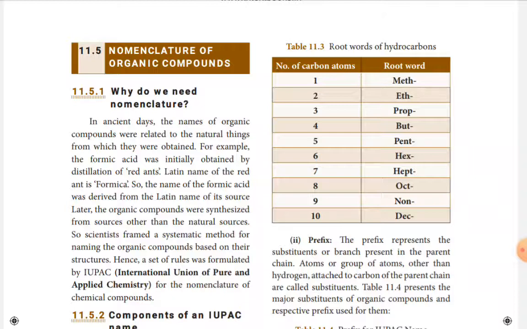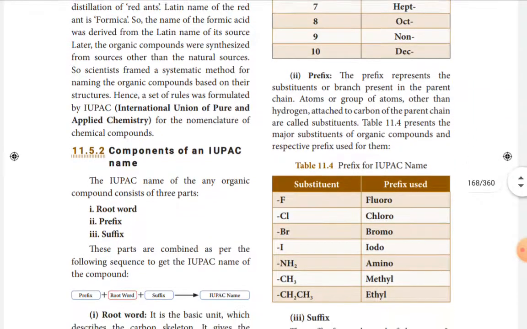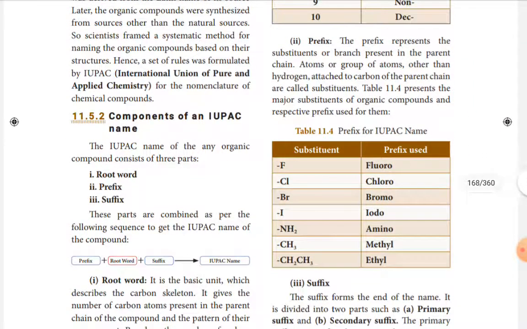The International Union of Pure and Applied Chemistry formed a set of rules to write names for organic compounds. Now we are going to study how to name the organic compound based on the IUPAC system.